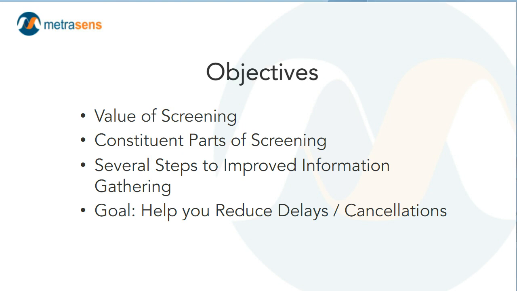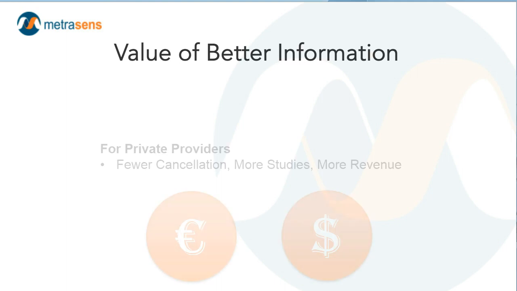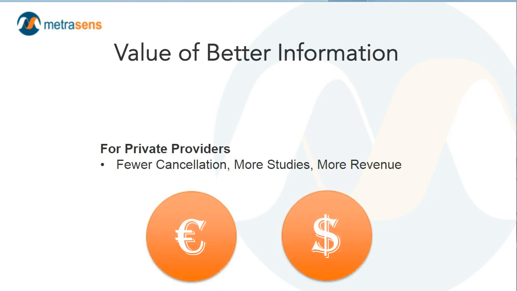To do that, let's try and identify what the value of collecting better information is. In part, the value proposition is going to be driven by the type of provider.